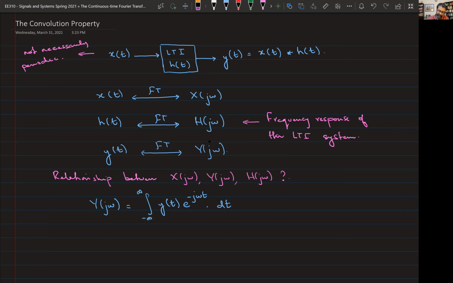So I know that y of t is equal to x of t convolved with h of t, and the definition for that is the integral of x of tau h of t minus tau d tau. This is what the input-output relationship is.